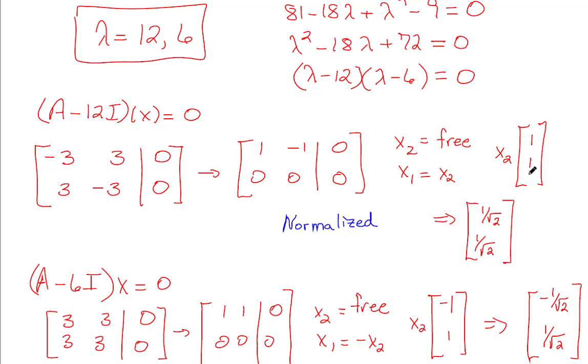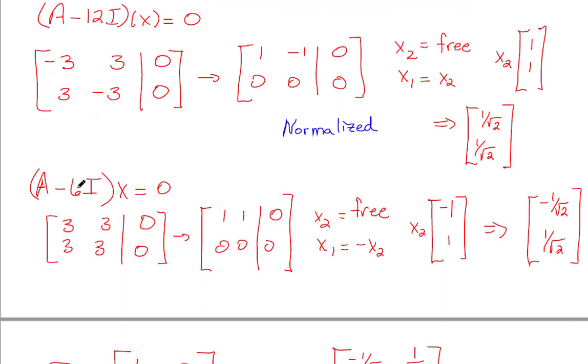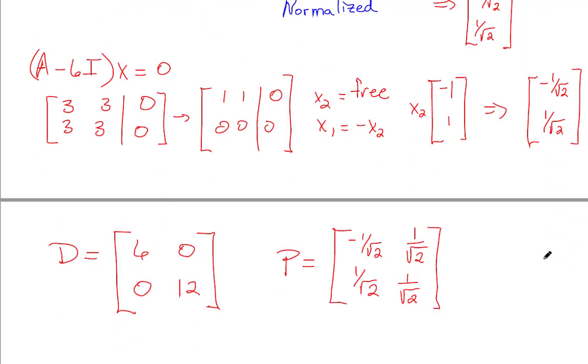So divide through by that so that this vector is normalized and has a length of exactly 1. Repeat the same process for the eigenvalue of 6. So I get minus 1, 1, and again I normalize it.